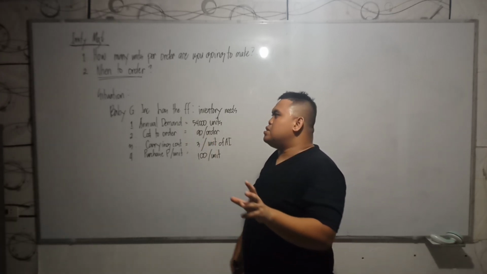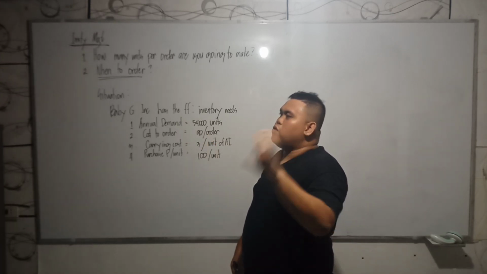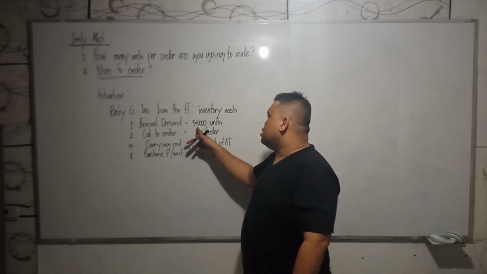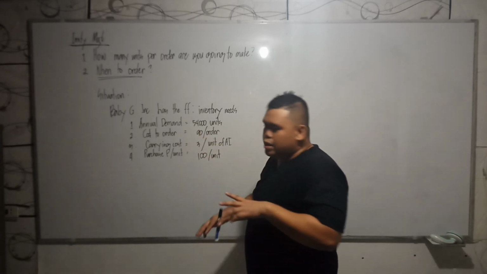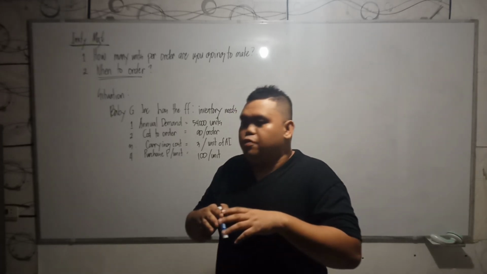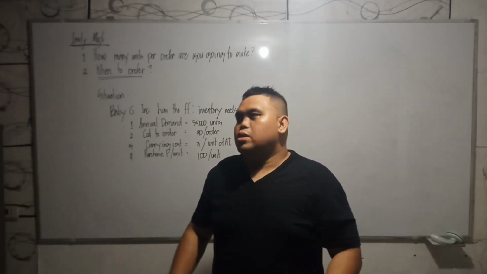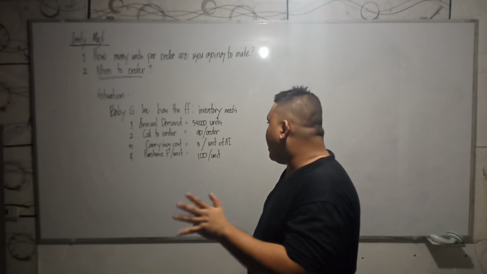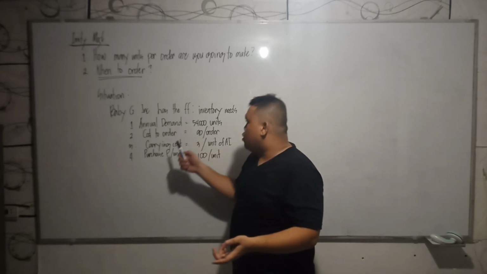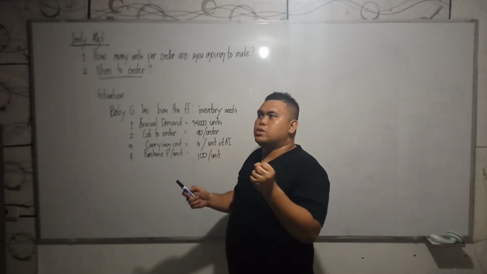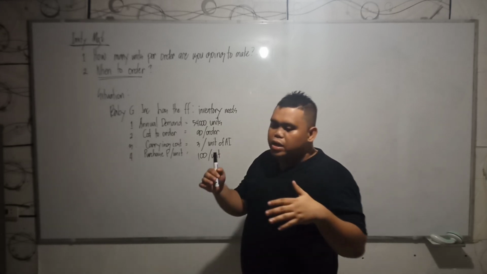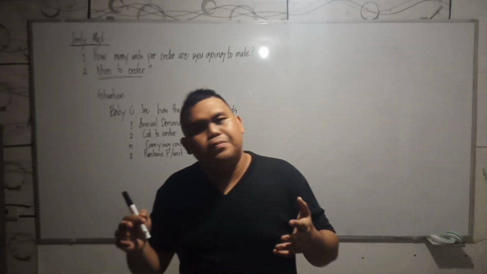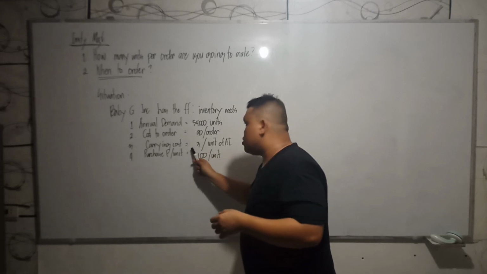You cannot order the 54,000 units immediately, because you would need refrigerators and other things to maintain the quality of your inventories. So the higher the inventories that you keep, the higher the carrying cost.